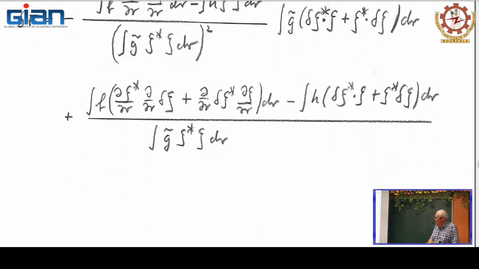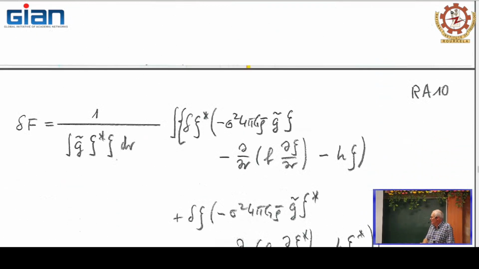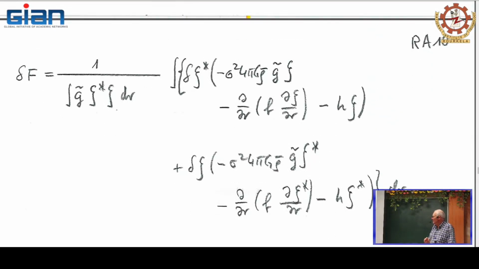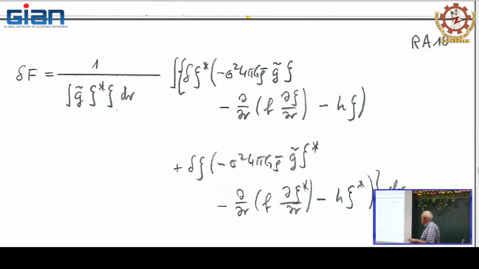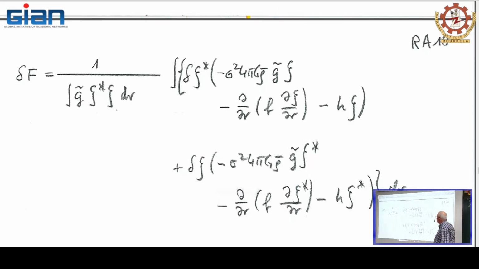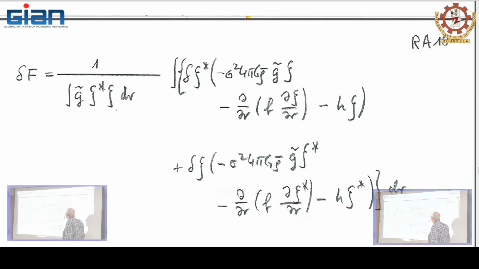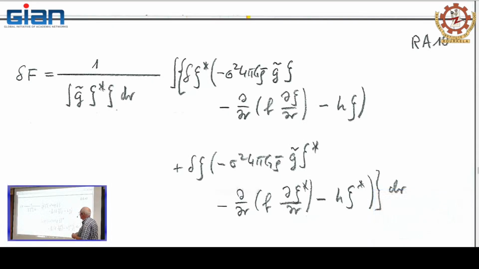So we end up with the following result. The integral which remains here is delta zeta star times sigma squared g tilde minus the original differential operator for the linear adiabatic wave equation, minus h zeta.